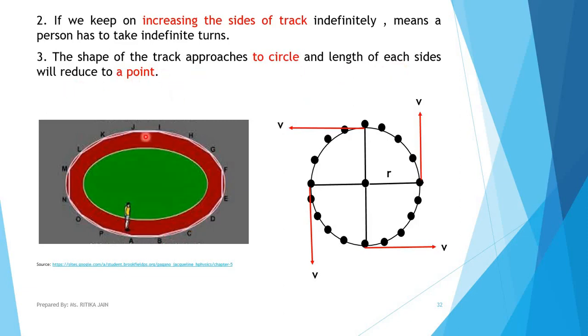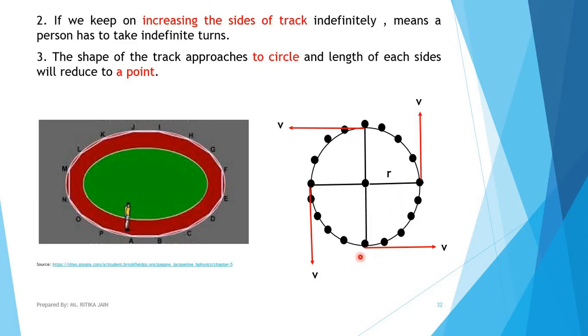As you can see here, the sides are now reduced to points, K, L, M, N, and so on. So if an object is moving on a circular track, the object will undergo uniform circular motion. Okay, now understand this thing.